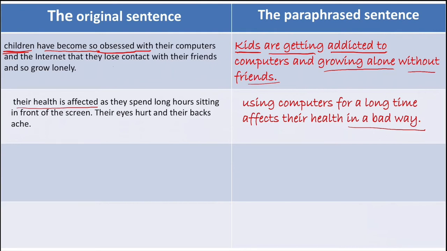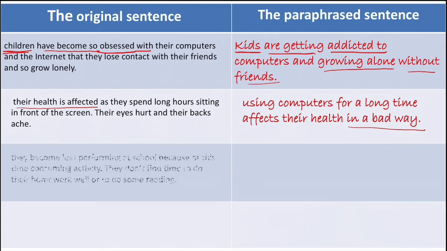All right. Now, the next sentence was, they become less performing at school because of this time-consuming activity. They don't find time to do their homework well or to do some reading. And as you see here in sentence number one and number two, we paraphrased the sentences.